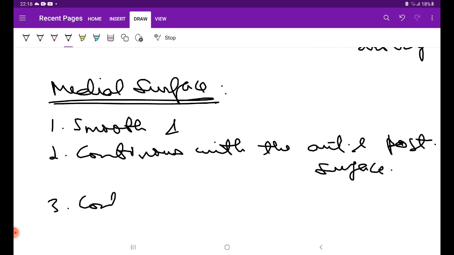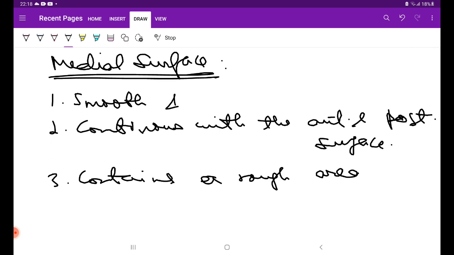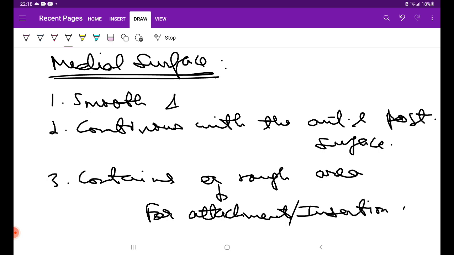It contains a rough area, which does not have any name, for attachment, specifically the insertion of brachialis muscle.